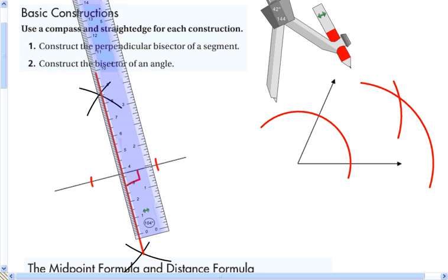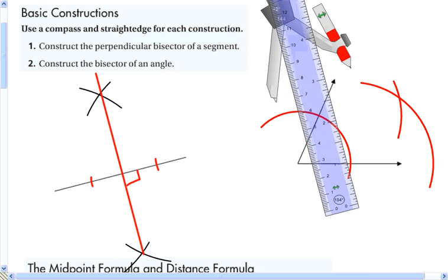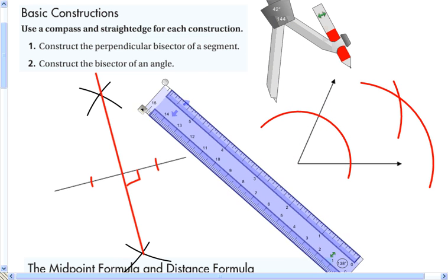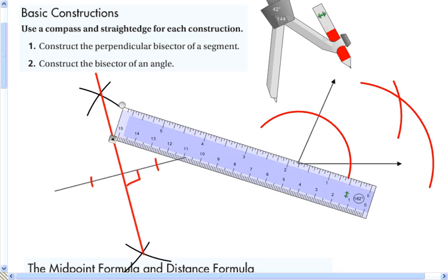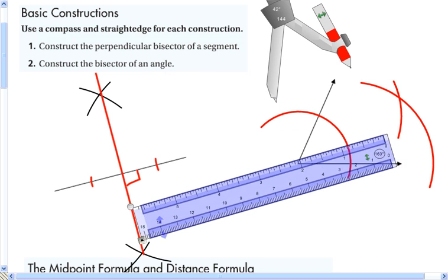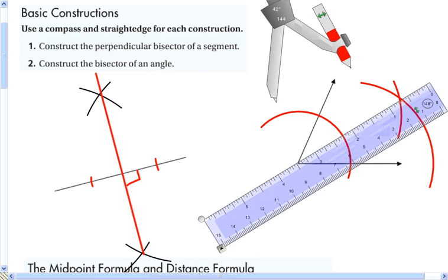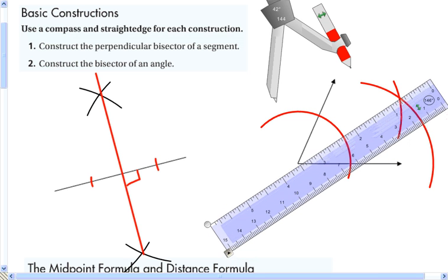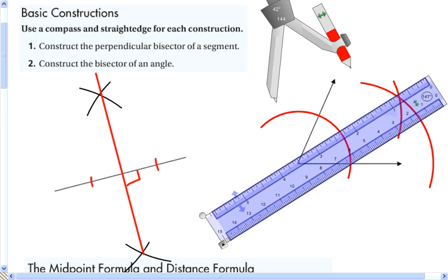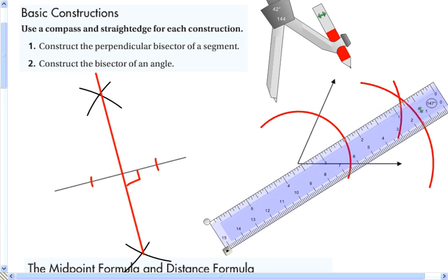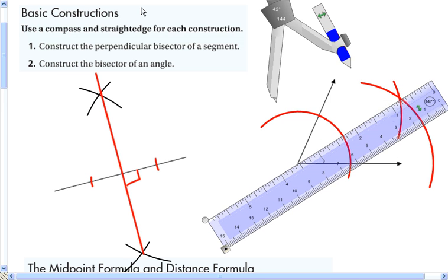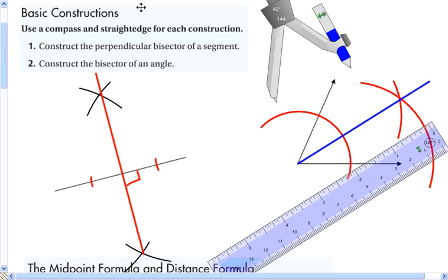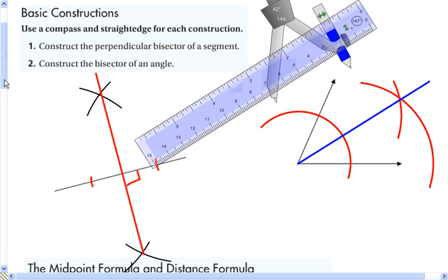And where those two meet, if I use my straight edge, I should have a straight line. And that line should be a bisector of that angle. All right.